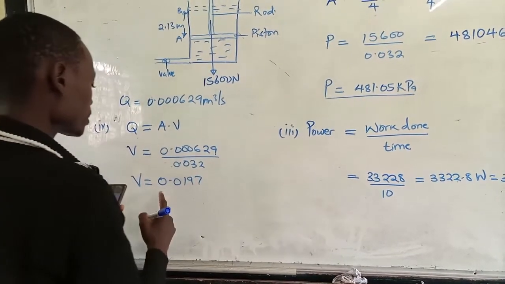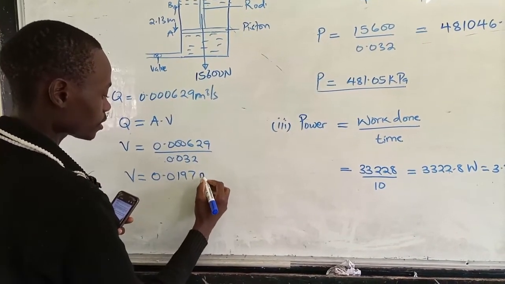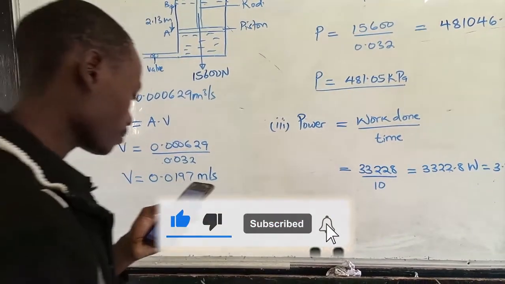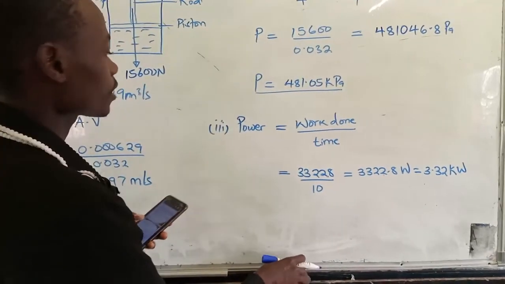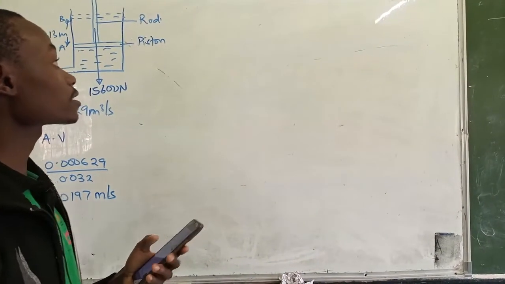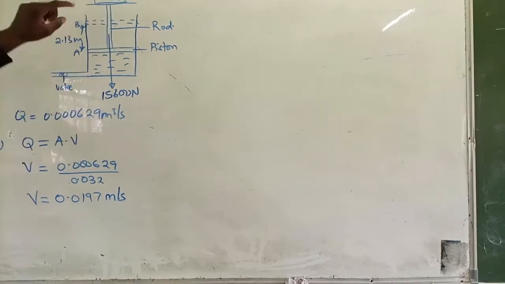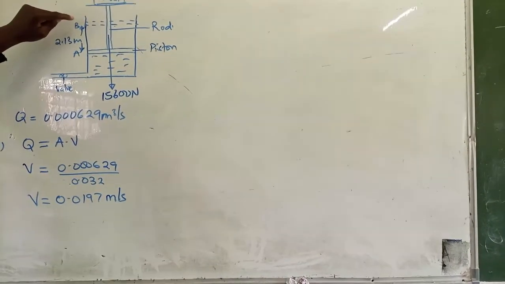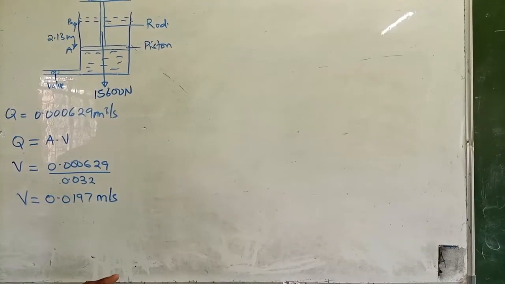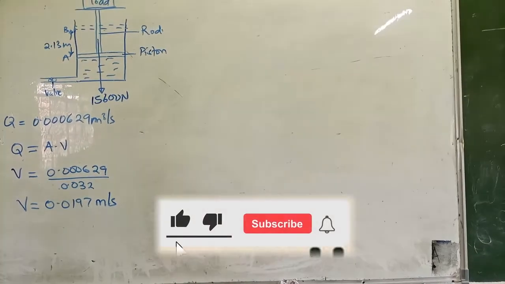So we get velocity as 0.0197 meters per second. And we have part 5, the last part, flow rate for the automobile to descend in 10 seconds. Now, we are being asked that if this automobile is going to move from B to A in 10 seconds, how fast should the fluid be discharged from the cylinder?